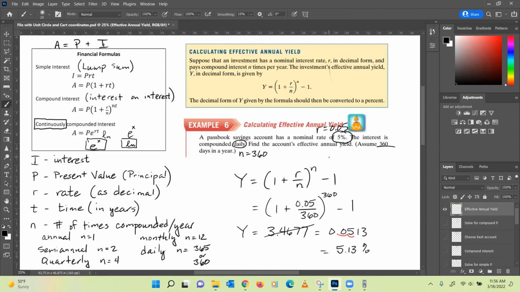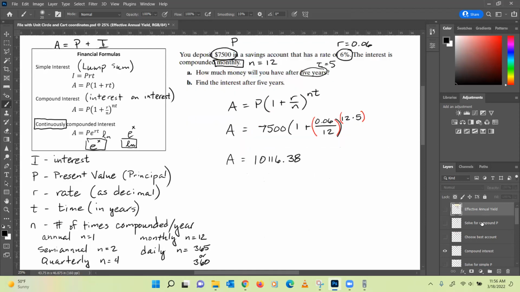And now, if they wanted us to calculate the interest, I think I didn't share that particular type of problem. So let me add that to this one. So after 5 years, oh, it was in the problem, but I skipped it. Okay, sorry. So after 5 years, our problem was A equals P plus I. And we're solving for interest.